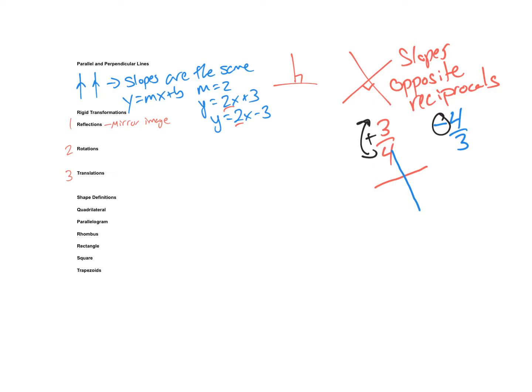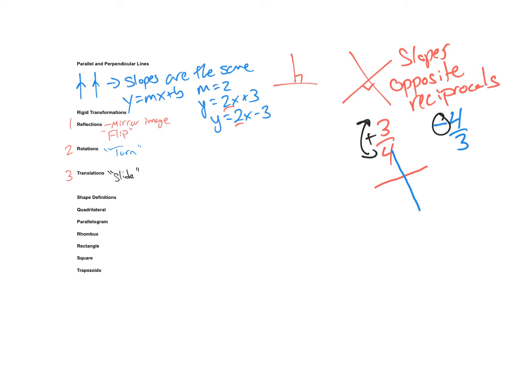It's like we flip it. Rotations is a nice turn that we'll do to the shape about a point. Typically, it's the origin, particularly in this class beginning wise, but we'll spin it around a point. And then translations is essentially a slide.